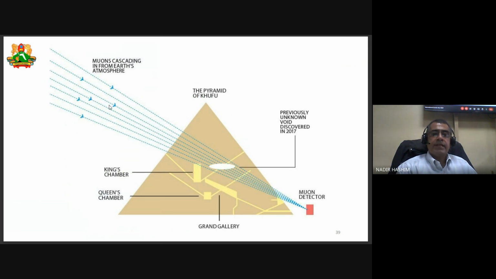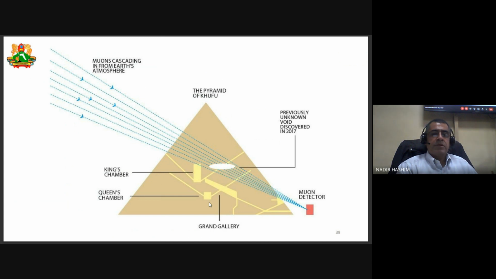Here is another artistic impression of how you can use a cosmic ray muon beam going through a pyramid. On the other side, you put some muon detectors, and these detectors will give you the internal structure of the pyramid. Where there are voids, you can discover previously unknown chambers, the king's chambers, the queen's chambers, and so on.